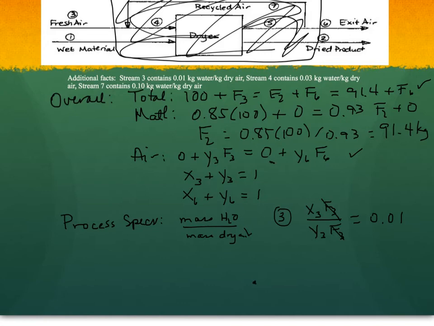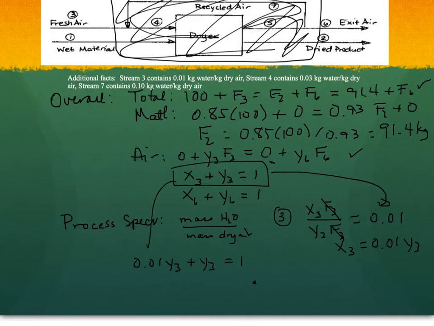Now this is still complicated, but if I combine these two equations, I've got something I can work with, because x3 is 0.01 y3. So 0.01 y3 plus y3 equals 1.